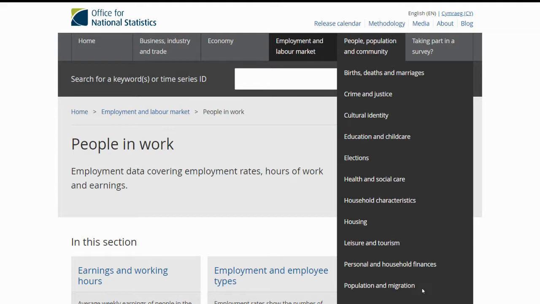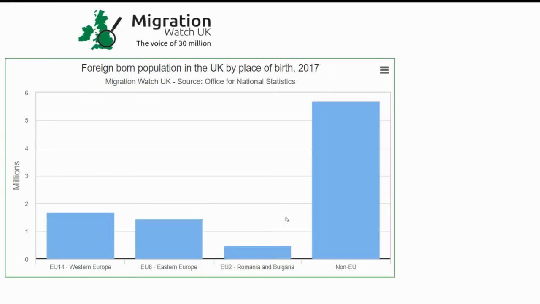If you go to the page for Office of National Statistics, you can click on some of these links and you can see a lot more information about it to see what I mean. Okay, so there's that resource. There's also a website called Migration Watch UK, which has got this graph showing foreign-born population in the UK by place of birth, 2017.